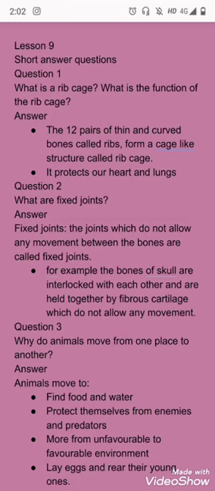I have given you the diagram also in the exercise, also in your book. Diagram is given, you can see the 12 pairs of ribs. The ribs are the thin and curved bones, and they form a cage-like structure. Cage you very well know. They form a cage-like structure, and we call that cage-like structure the rib cage.